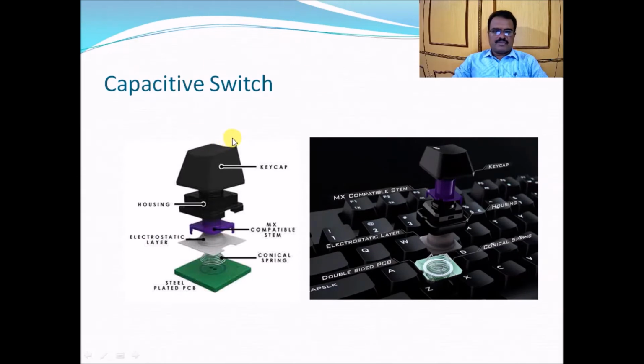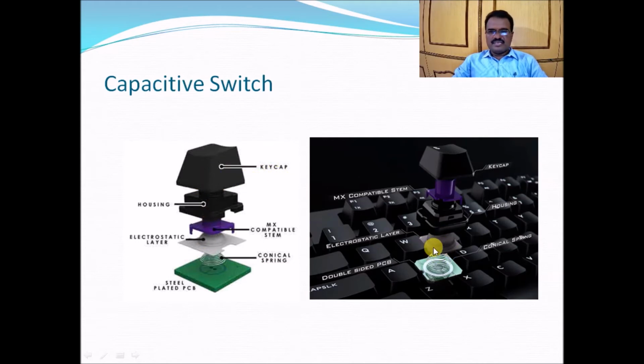So here we can see a capacitive switch. In this capacitive switch, there is a steel plated PCB, printed circuit board. This is the conical spring, and here the MX compatible stem, the electrostatic layer, the housing, and the keycap.